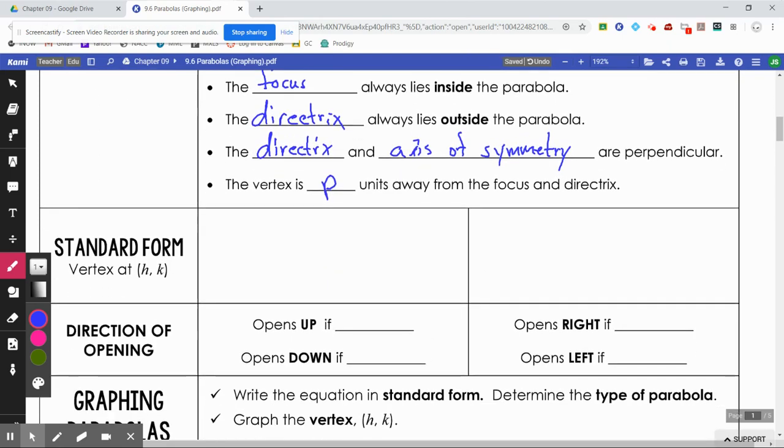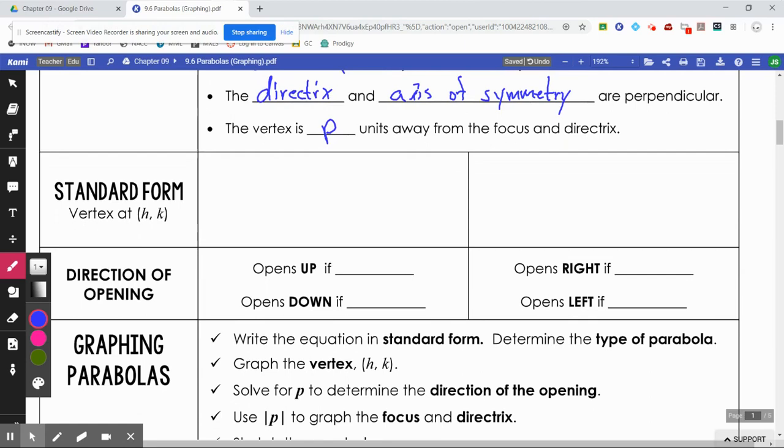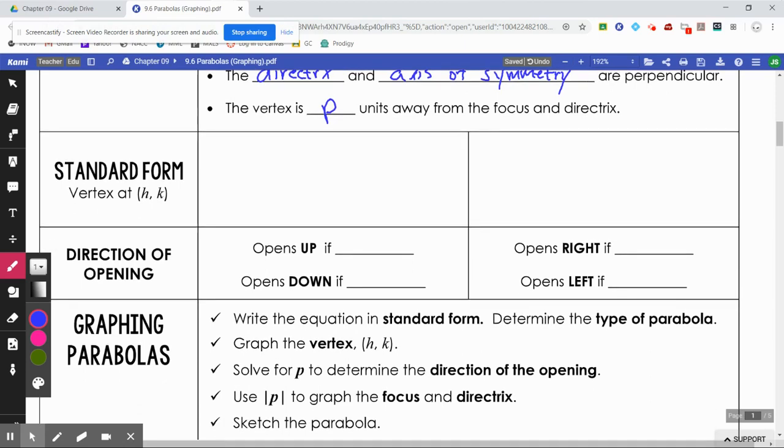This first form of the parabola, we saw back when we talked about quadratics. The first form of the parabola is y equals 1 over 4p times x minus h squared plus k.